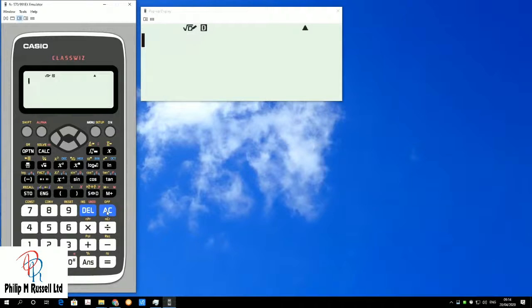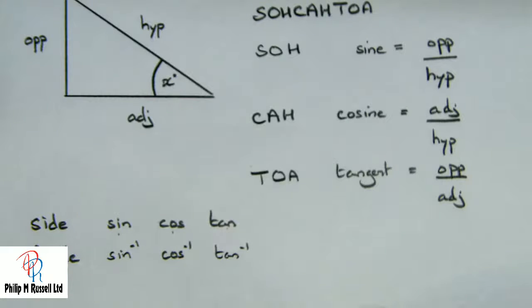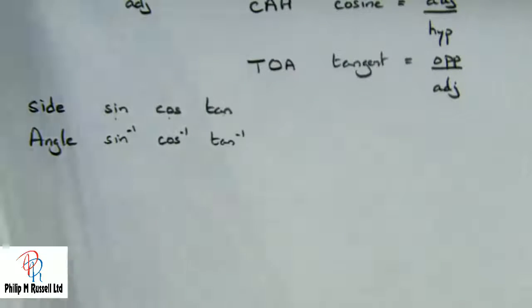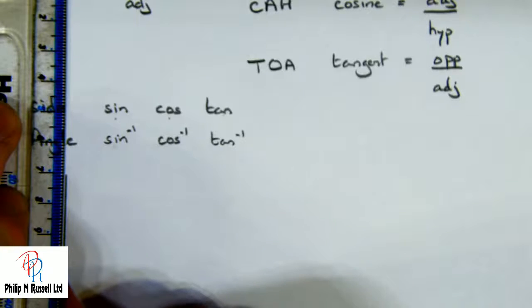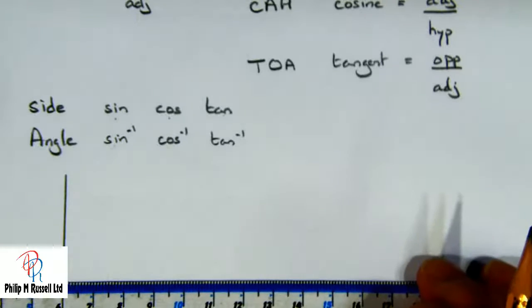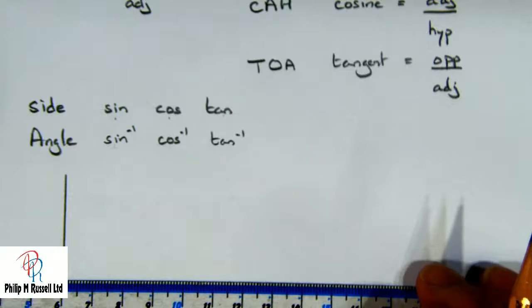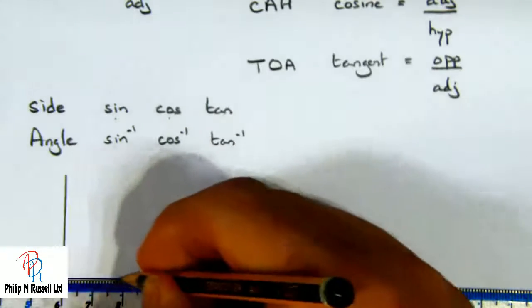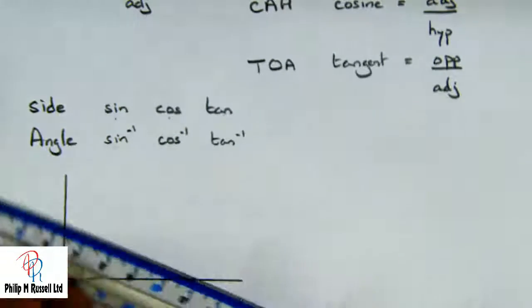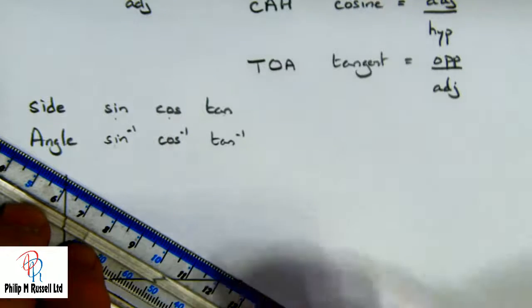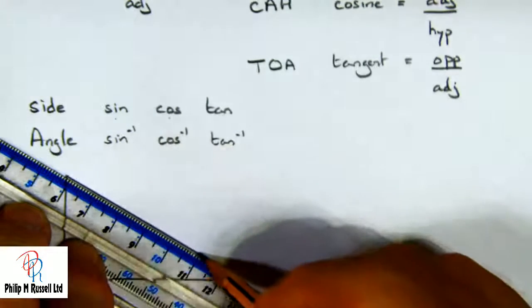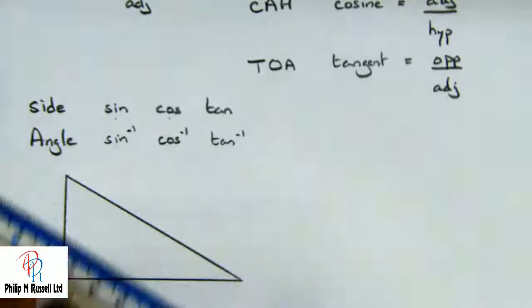Let's delete this and let's have a look at a particular problem. Every time you get a problem using these trig functions, almost without exception they are in calculator papers.